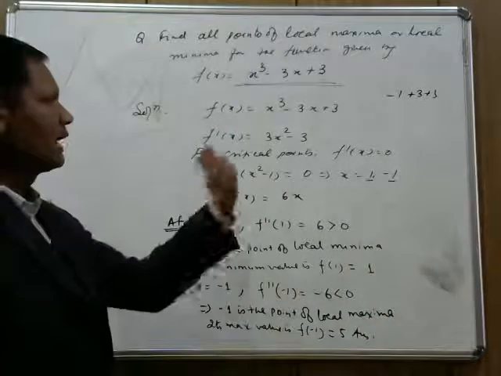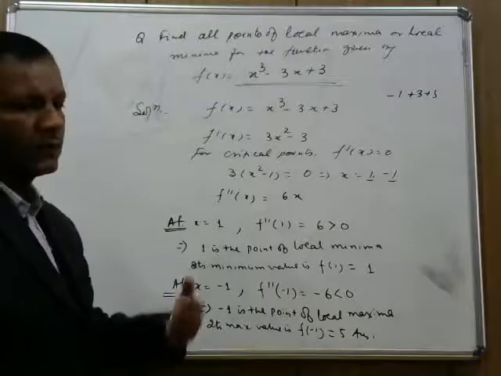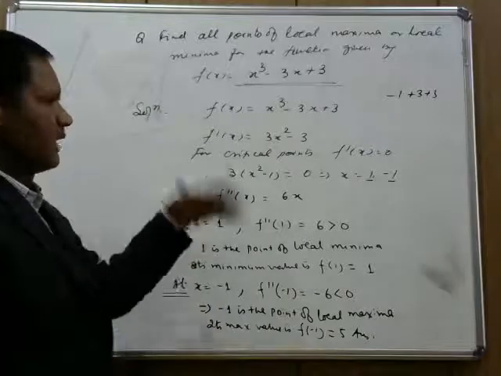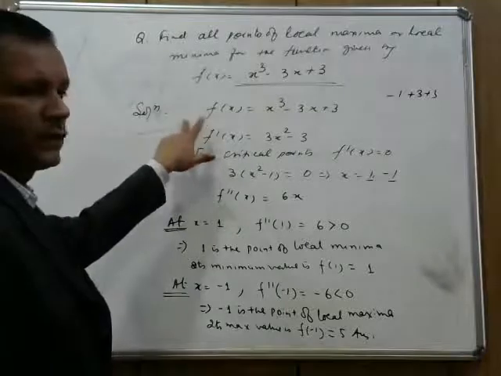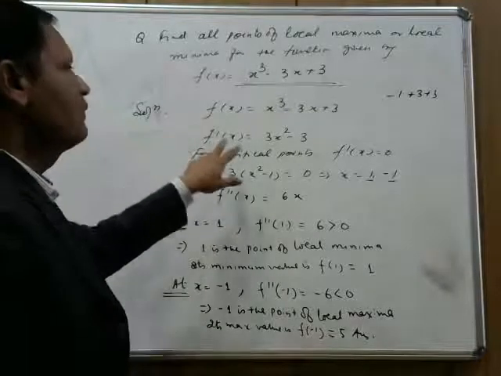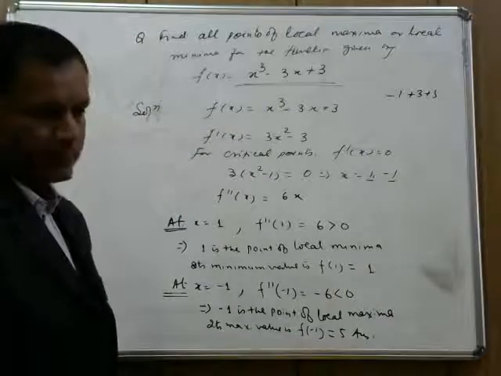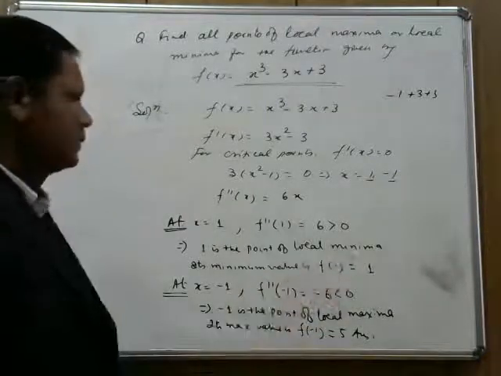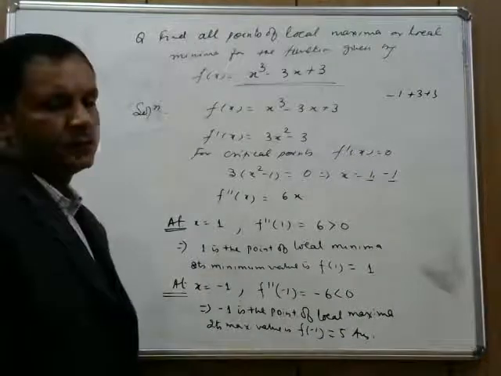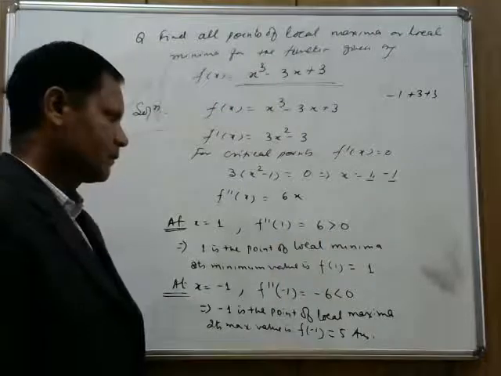If I ask you to write the working steps for the second derivative test, what can I say? For the given function y is equal to f of x, put f dash of x equal to 0 to find the critical points. Let the critical points be C1 and C2. At C1, you check whether f double dash of C1 is greater than 0.